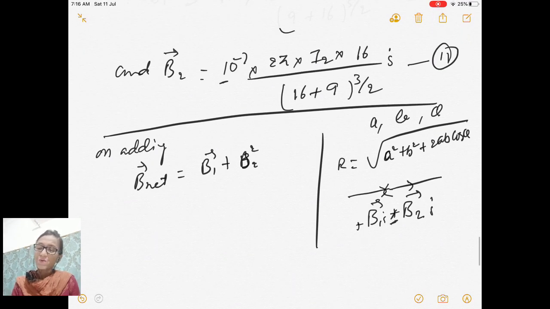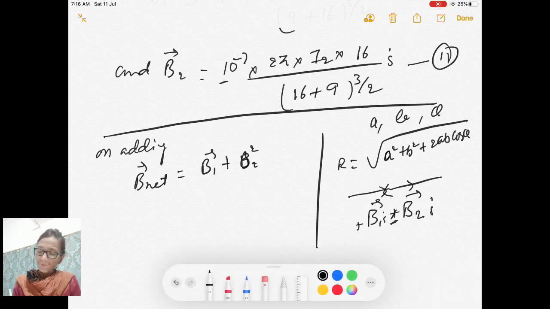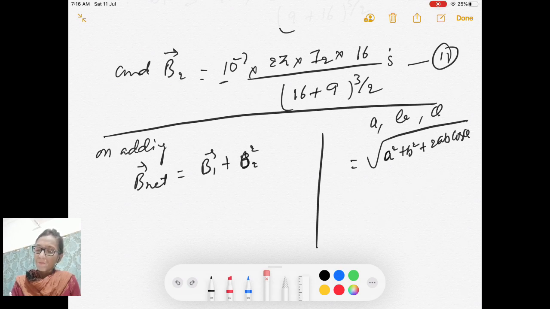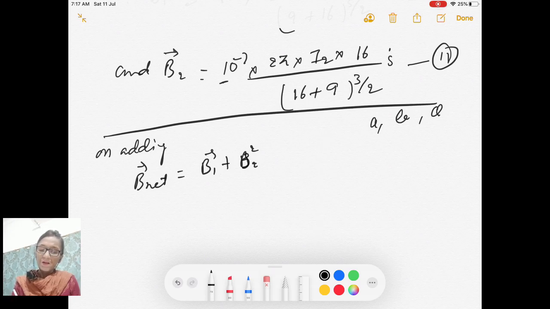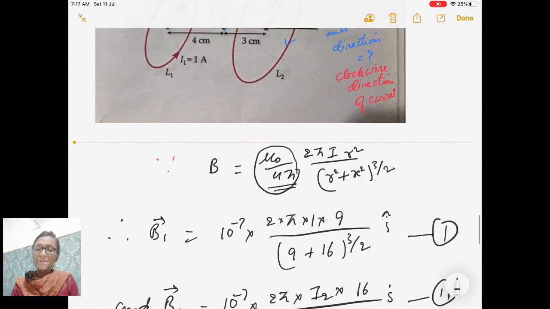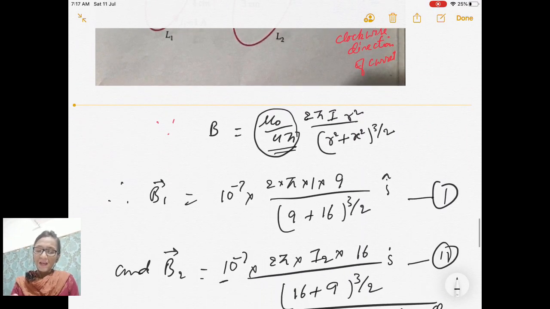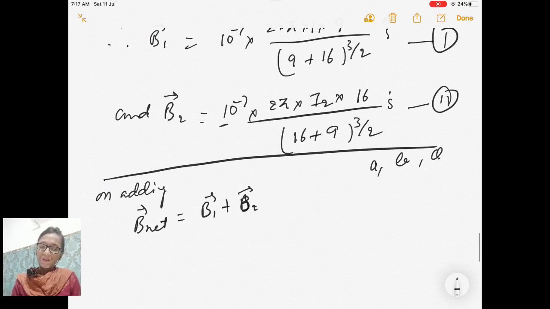So it is a simple vector sum, as they are along the same line, and this should be equal to 0 as per the question. Net field is equal to 0.